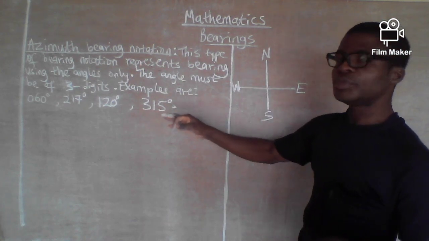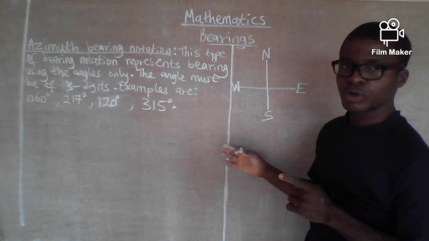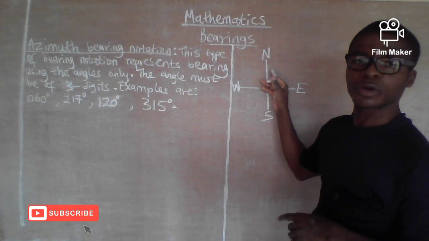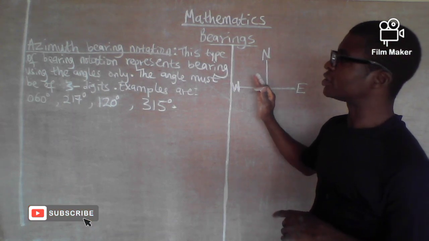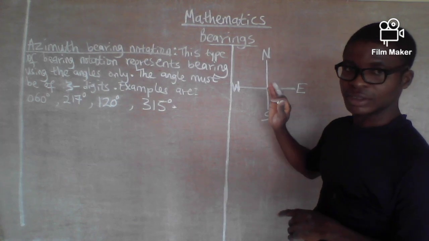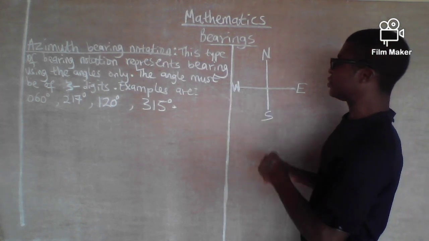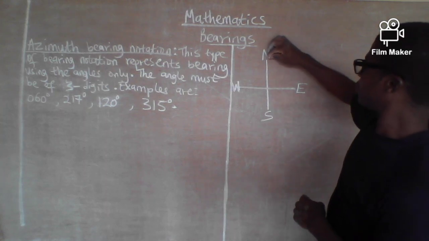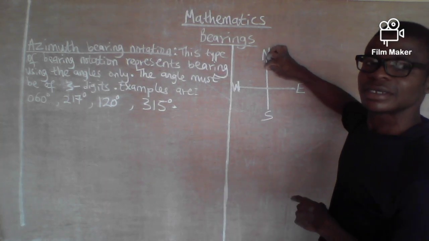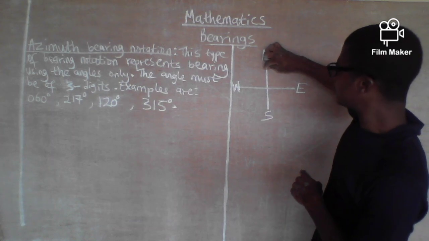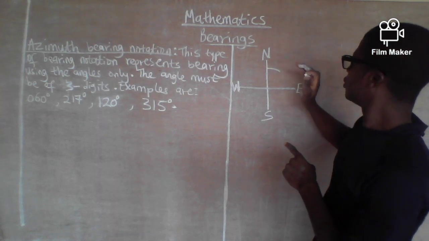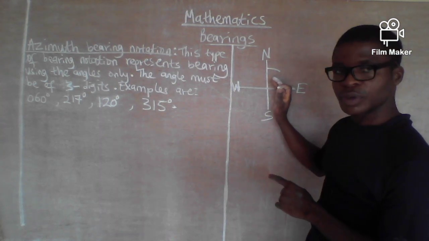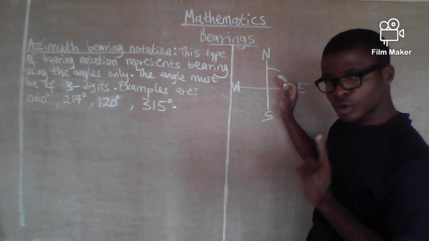So no matter how big the angle is, the angle must start from the cardinal point north, because north is always the reference point for azimuth bearing. So for 060 degrees, start from the cardinal point north, which is the reference point, and measure 60 degrees in the clockwise direction. For azimuth bearing notation, the direction is clockwise.